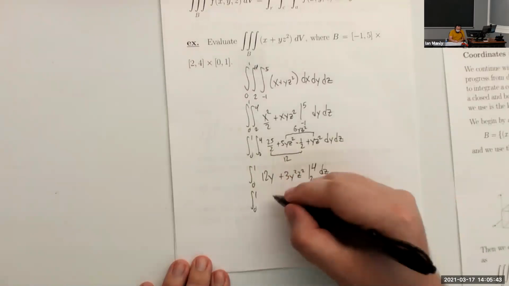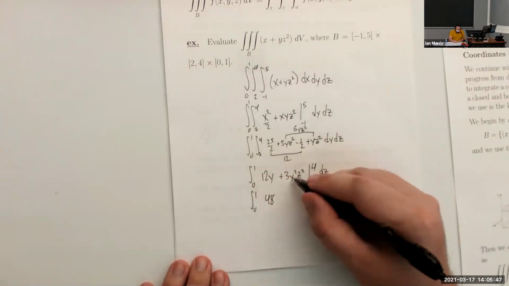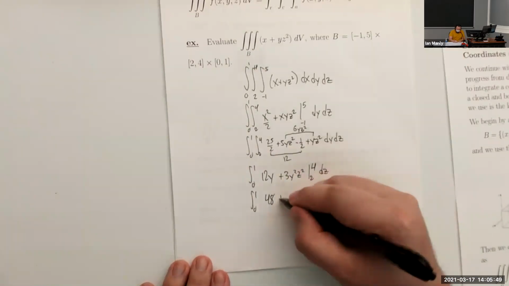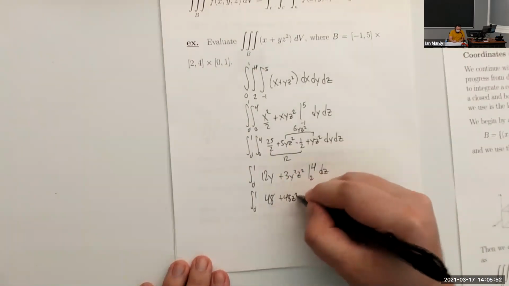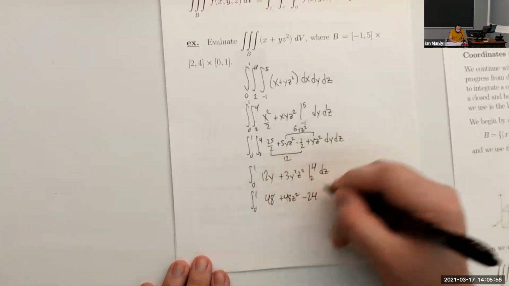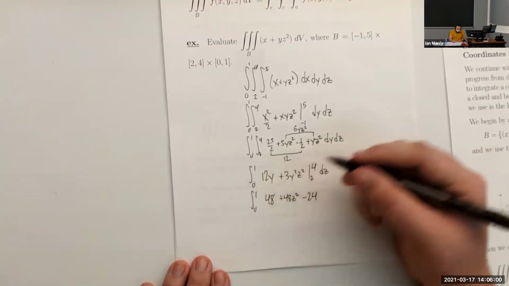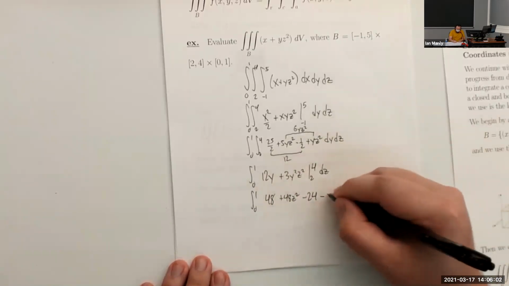I plug 4 into here, I get 48. I plug 4 into here, and I have y squared, which is 16, and then times 3 is another 48. Then I subtract 2 times 12, and I subtract 2 squared times 3z squared. So that's minus 12z squared here.